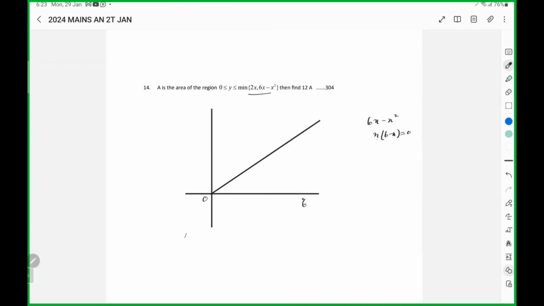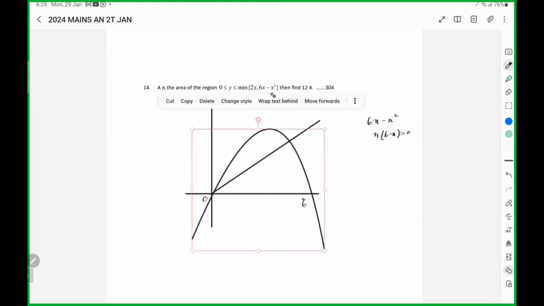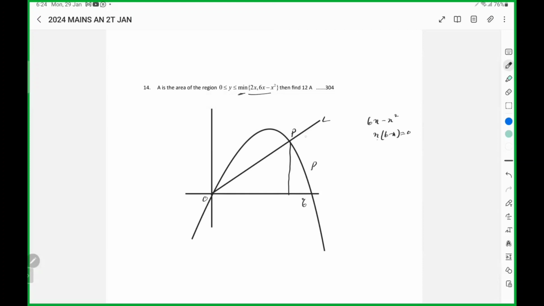So you have a parabola, and he said minimum. Minimum means this one, parabola and line. The line is minimum up to this point. After this, the parabola is dominating the line.